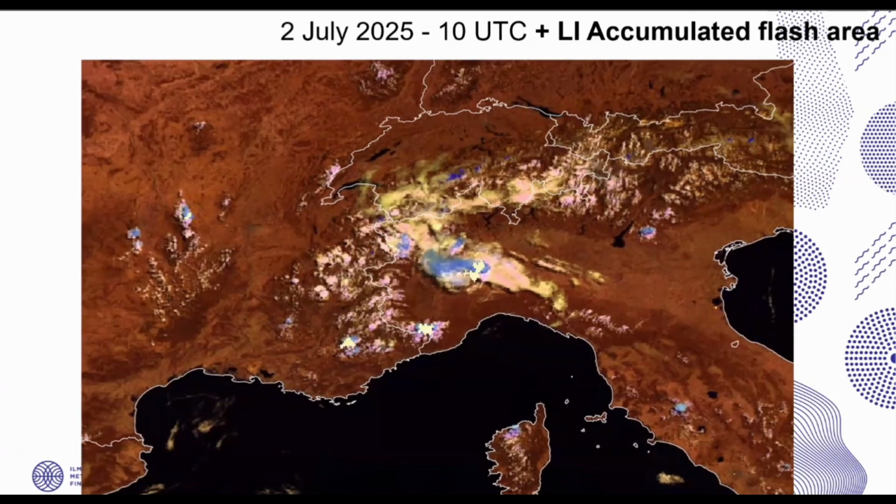So here is 10 UTC, and then I also put up the LI, the lightning imager, where we have an indication of flashes, which are here in light yellow colors.